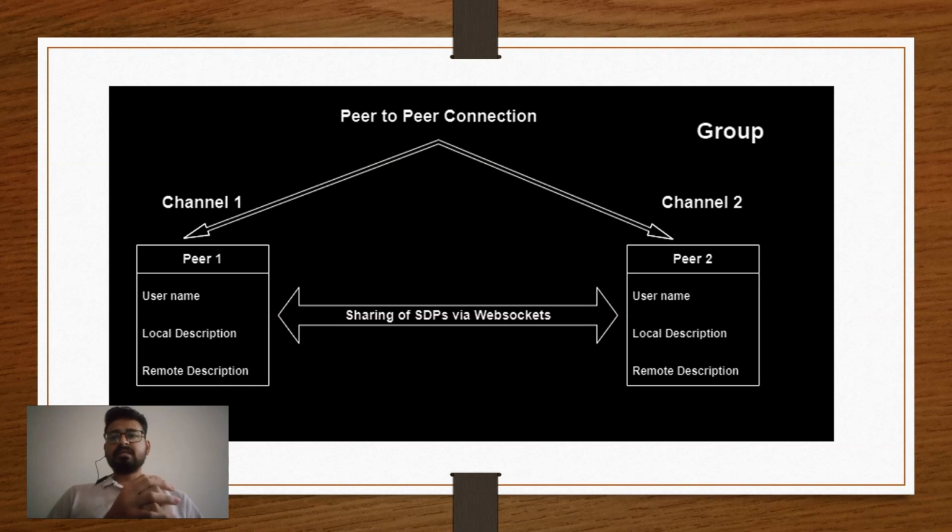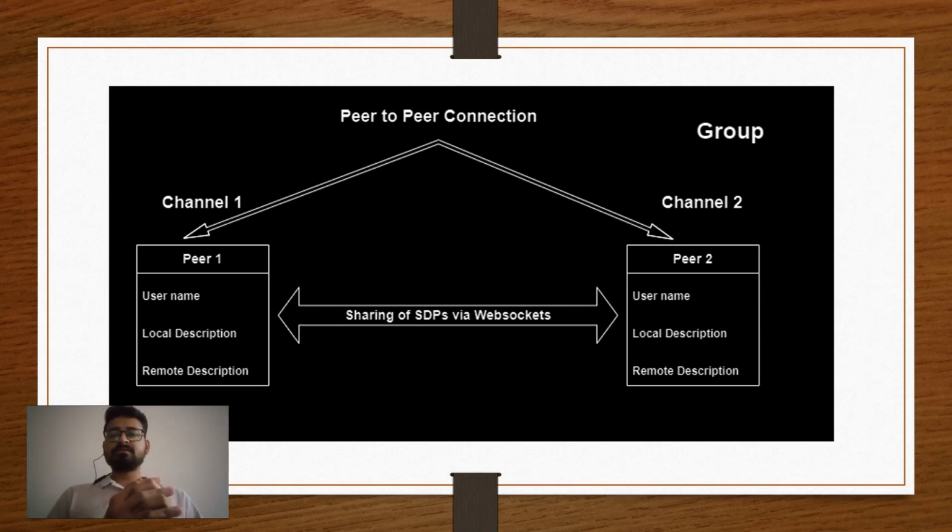Now for setting up the video calling application, and to apply this peer-to-peer connection, we have to share SDPs. Now what are SDPs? SDPs are session descriptions. Now what is a session description? For example, if you are calling someone, you know their phone number, and then you click on the phone number and you call them, right?